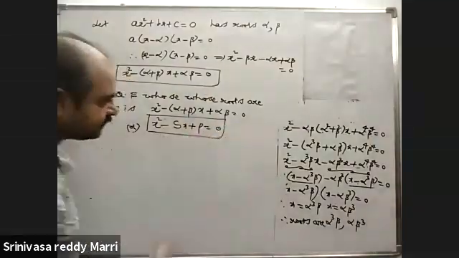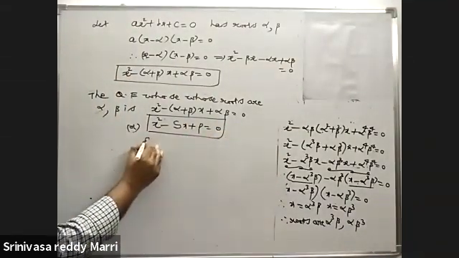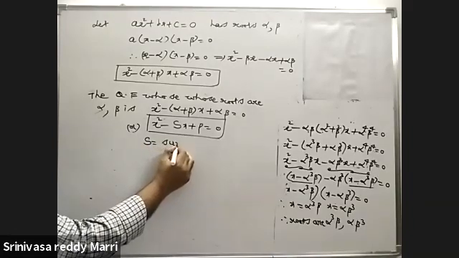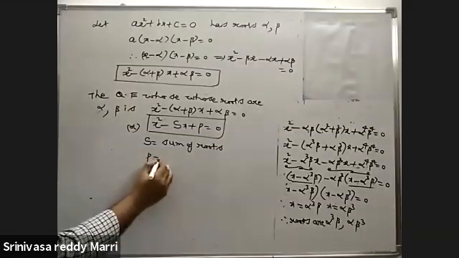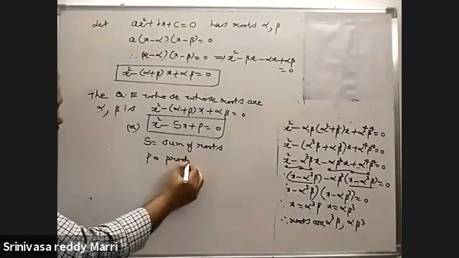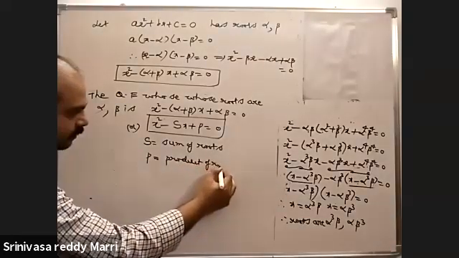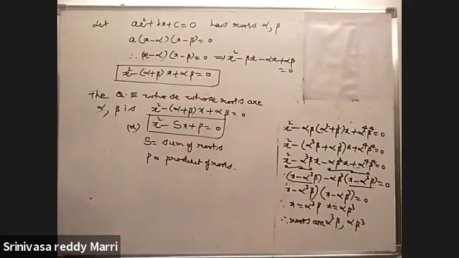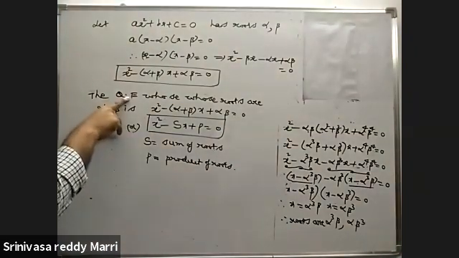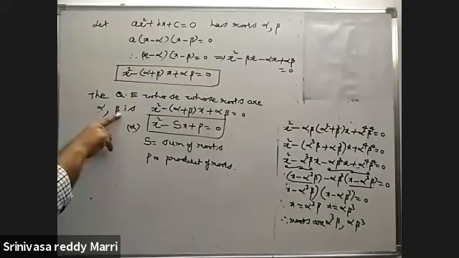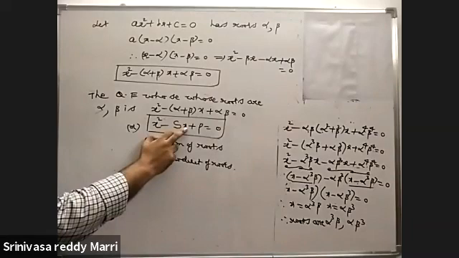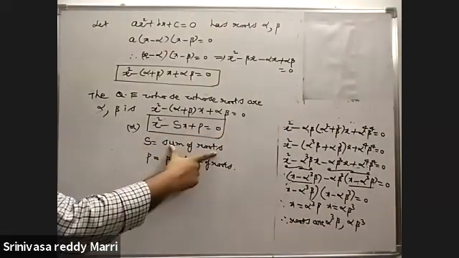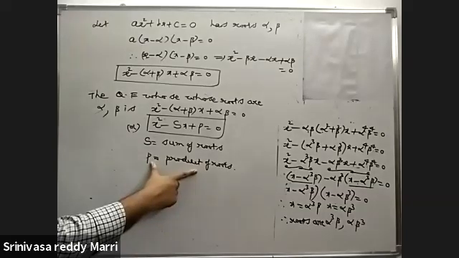This is the master equation, where S is the sum of the roots and P is the product of the roots. For the quadratic equation whose roots are given as alpha beta, you have to write the equation x square minus S x plus P equal to 0.